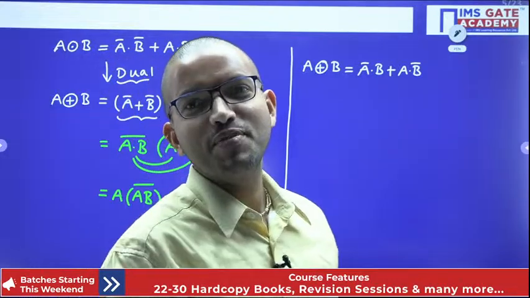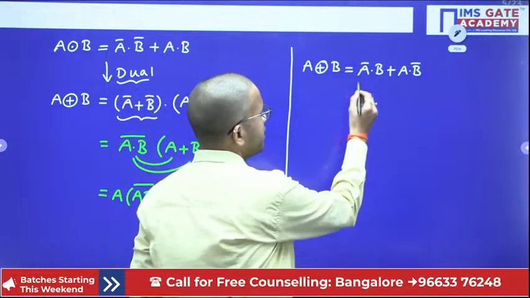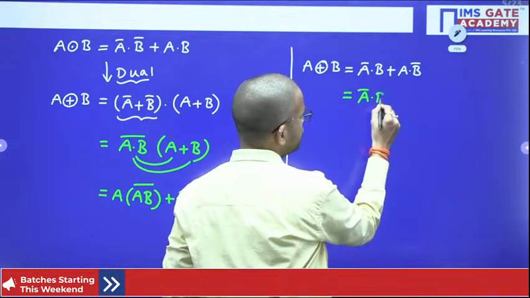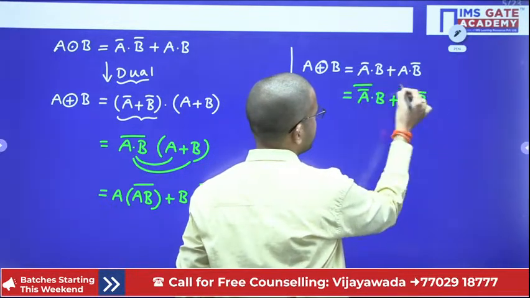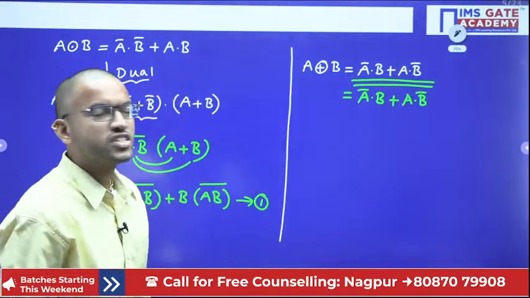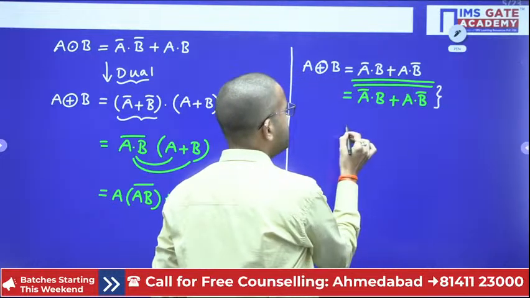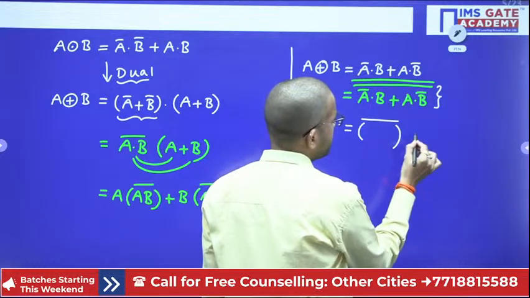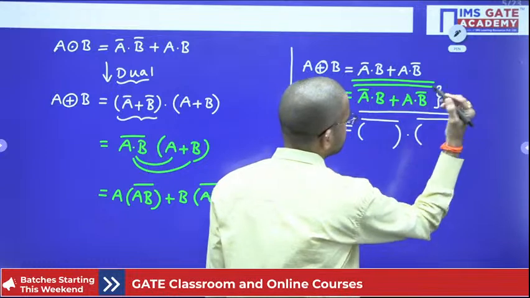So just perform 2 times complement, and you will get the same function. For the inner complement, use De Morgan's law: first term complement and second term complement, and keep the external complement as it is.